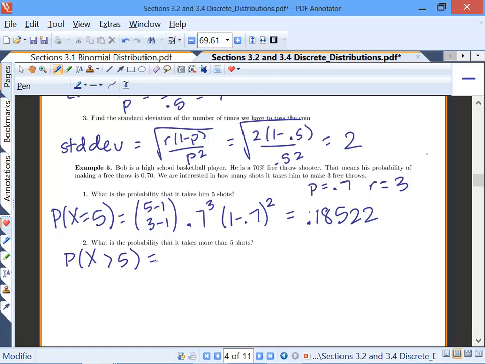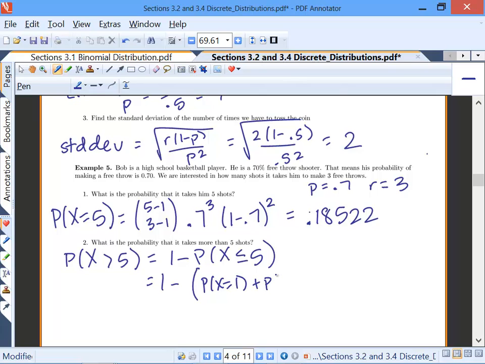So for the probability that x is greater than 5, I'd have to include 6, 7, 8, 9, all the way up to infinity. We don't want to do it that way, so let's use the complement rule. This is 1 minus the probability that x is less than or equal to 5. Now I am going to have to find the probability that x equals 1.